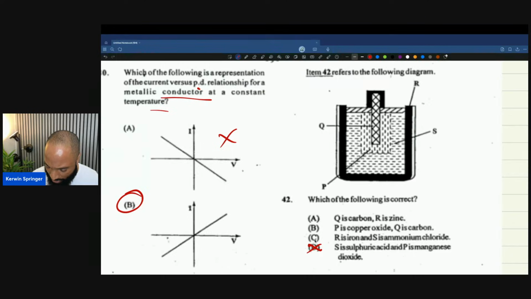R is iron. Which of the following is correct? Q is carbon, R is zinc. P is not copper oxide. Q is carbon. R is iron. So I think it's A.